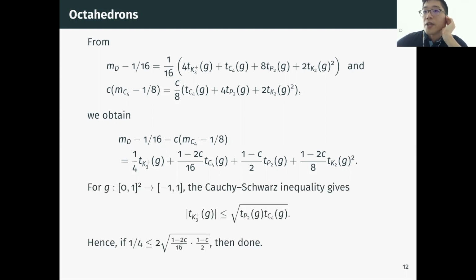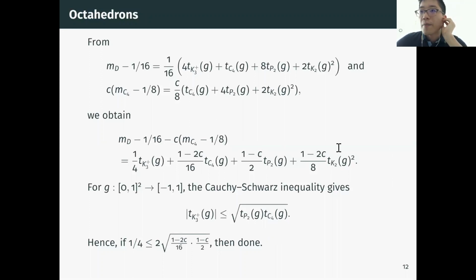Here's the deal. Given any g from the unit square to [-1, 1], which is a limit object, if you know something about these dense graph limits, the Cauchy-Schwarz inequality gives us, probably not as easy as those really easy examples but still not very complicated, a bound on these signed K3 plus counts by the paths of length 2 and the four-cycle, in square root form. This is some Cauchy-Schwarz that you can handle.